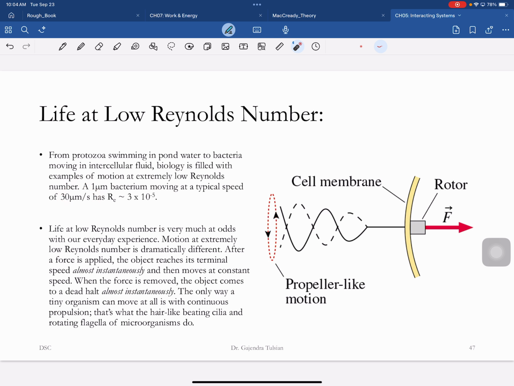Look at this, this is interesting. So it'll move 30 times its body size in 1 second. Okay. So for runners, what is the maximum speed at which a runner moves?